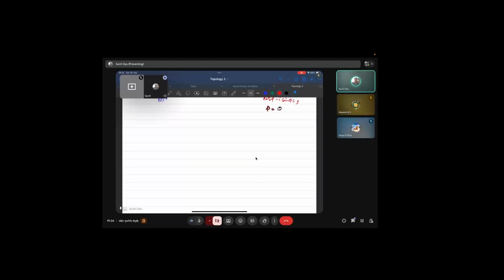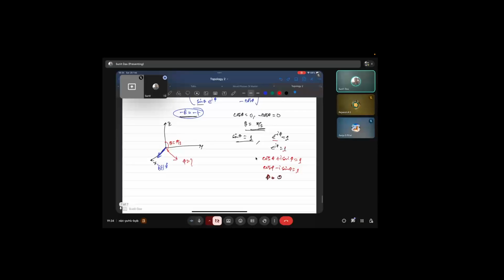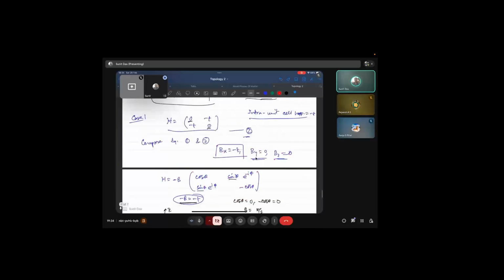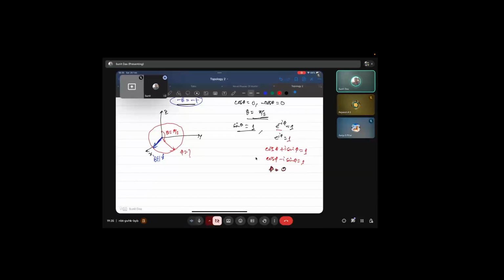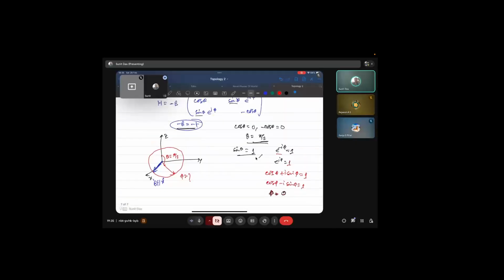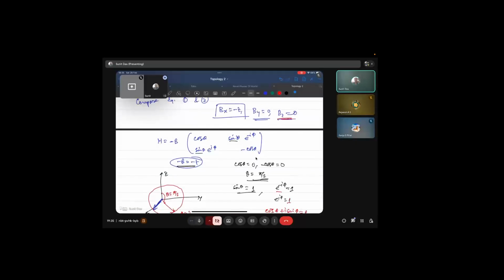We had a Bloch sphere, right? And we already know that we are in the theta equal to pi by 2 limit. So essentially your states for this Hamiltonian, equation 2, all lie in the xy plane. They will all lie in a circular region. It will not be in the 3D space because you have already projected it. The Hamiltonian is such that you do not have any z component, so Bz is 0.